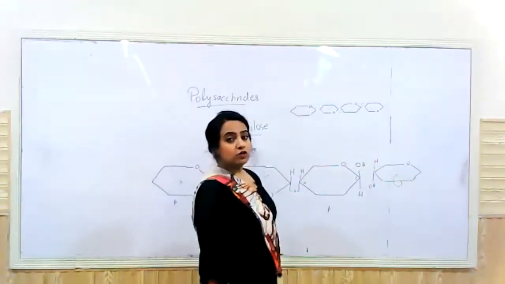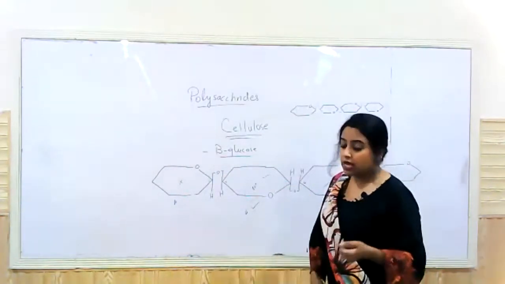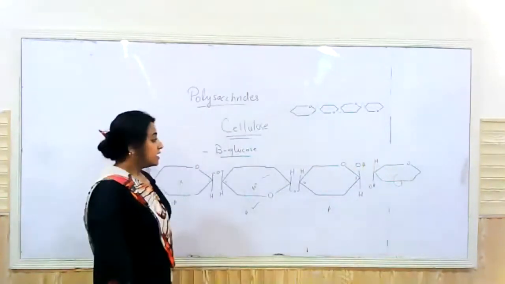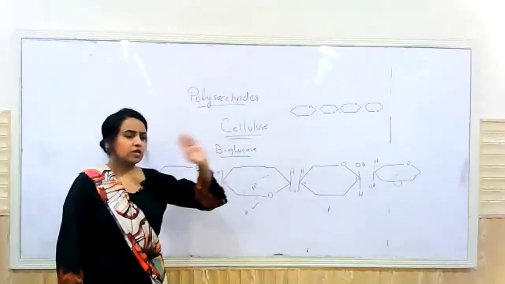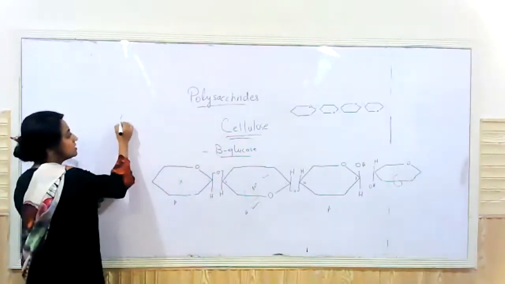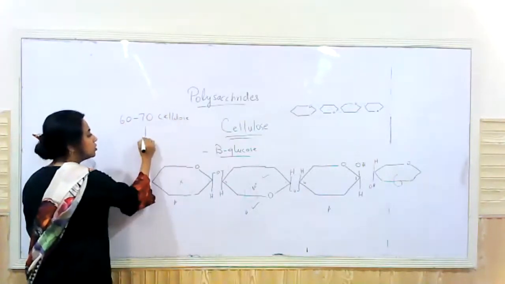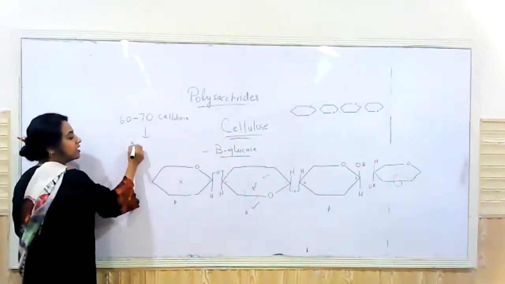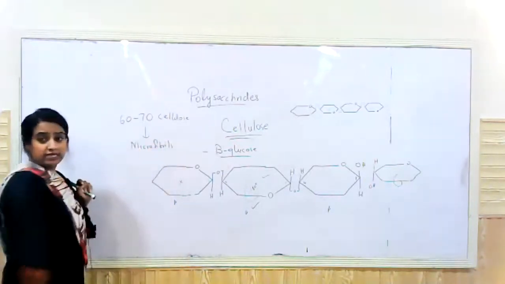The cellulose molecule does not exist in the form of a straight chain just like this in the cell walls. It actually forms fibers. Now, how does it form fibers? Initially, first of all, hundreds of molecules join together in straight chains, giving rise to cellulose. Then 60 to 70 cellulose molecules come together, they bond together, and they give rise to microfibrils, right?